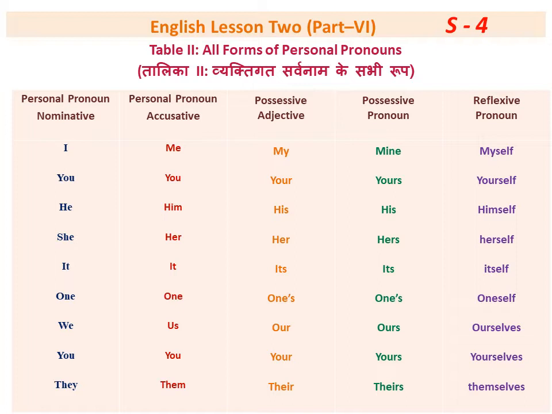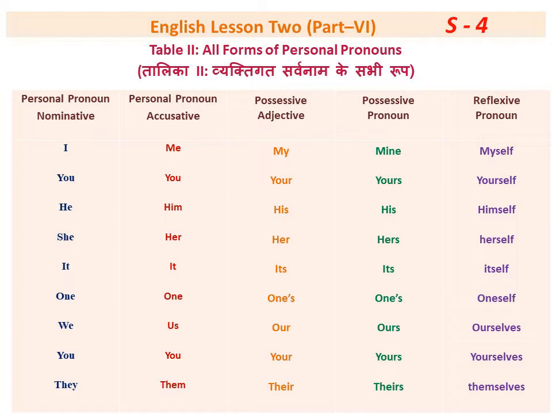For example, first is I. For I, personal pronoun accusative will be me, possessive adjective is my, possessive pronoun mine, reflexive pronoun myself. Same way, for you, accusative will be you, possessive adjective will be your, possessive pronoun will be yours, reflexive pronoun will be yourself.